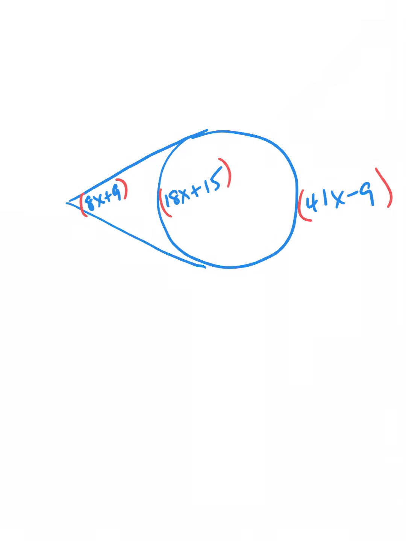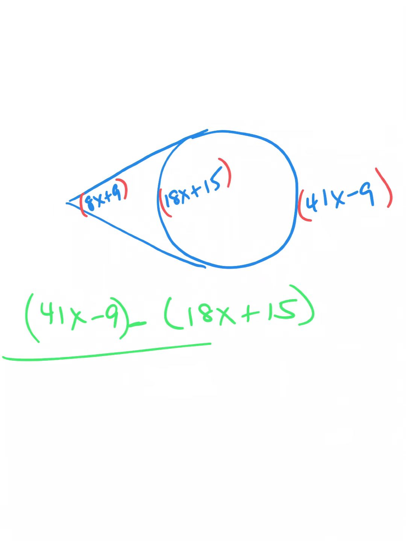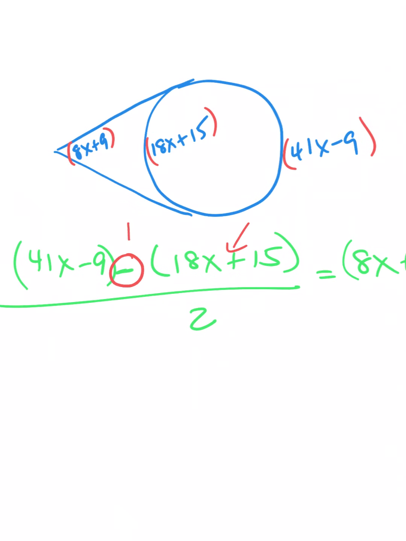Now the rule's the same. You take 41x minus 9 minus the small guy in parentheses divided by 2 equals 8x plus 9. Anybody didn't understand that rule? I worry about this sign here because he belongs to this guy and this guy.